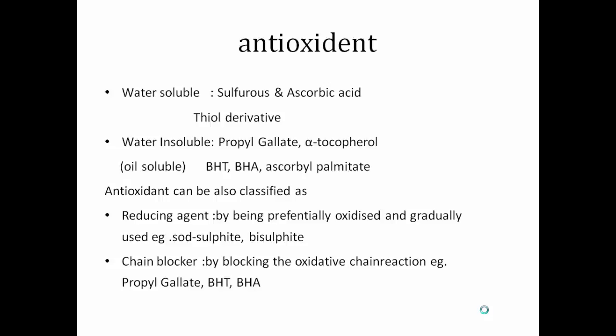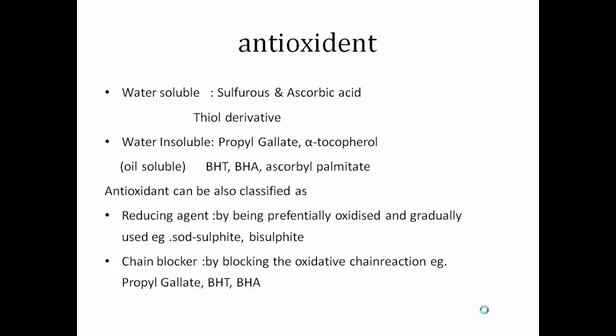There are mainly two types of antioxidants, water soluble and water insoluble. In water soluble, sulfurous acid salts can be used, such as sodium sulfite, sodium bisulfite, sodium metabisulfite, and sodium thiosulfate. These are the sulfurous derivatives. The second is ascorbic acid and thiol derivatives, such as thioglycerol, thiolactic acid, and thioglycolic acid.